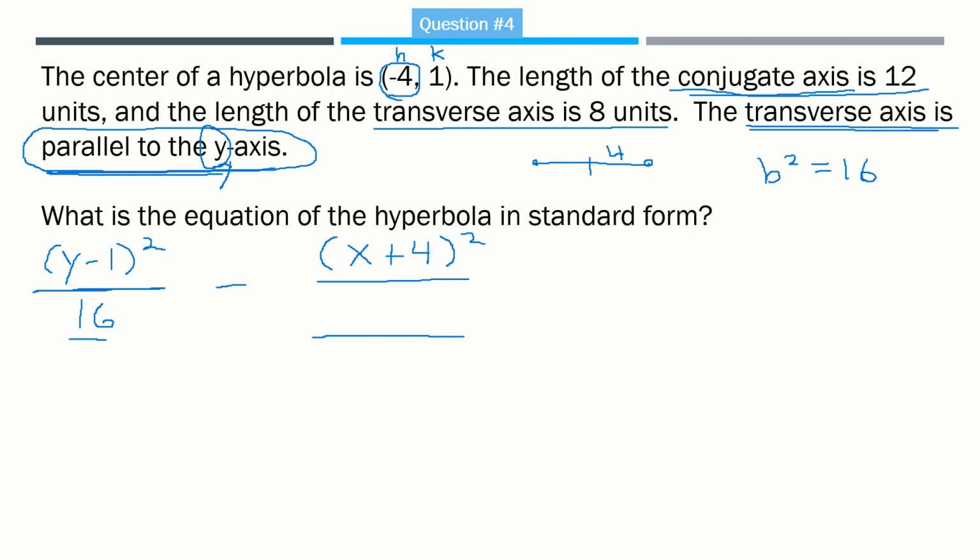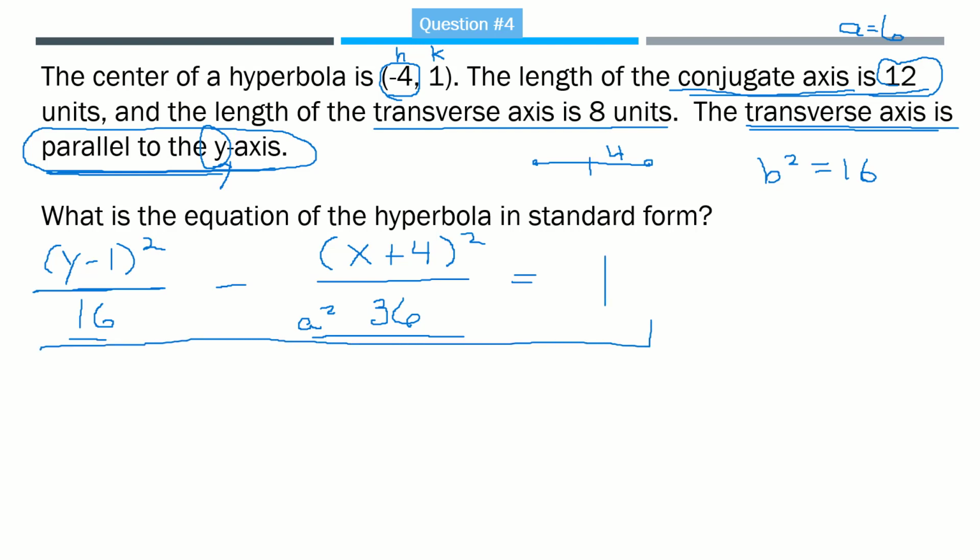The length of the conjugate axis is 12. Half of that is 6. So a is going to equal 6, and a squared goes down here. 6 times 6 is 36. And that's going to equal 1. So this is our equation of our hyperbola in standard form.